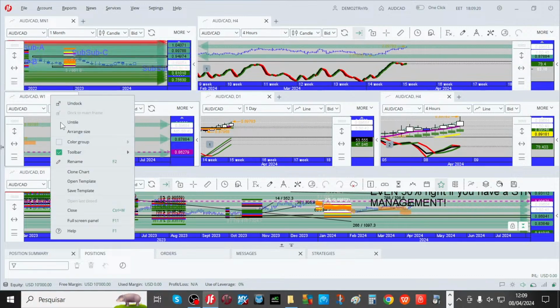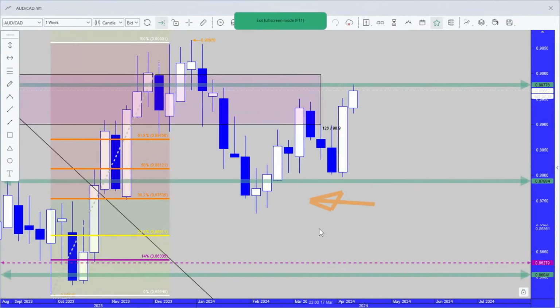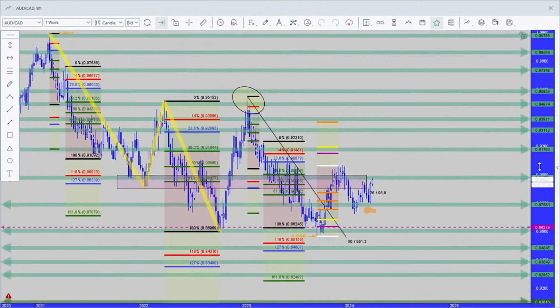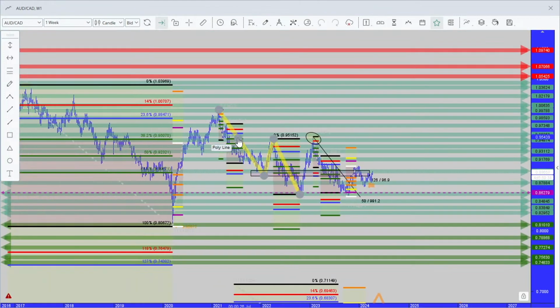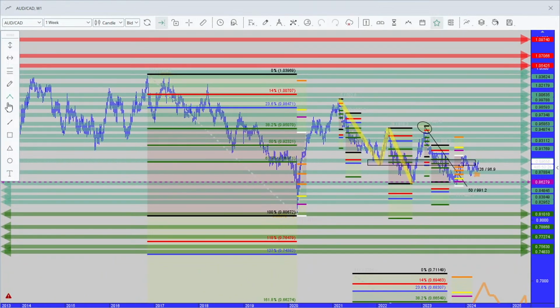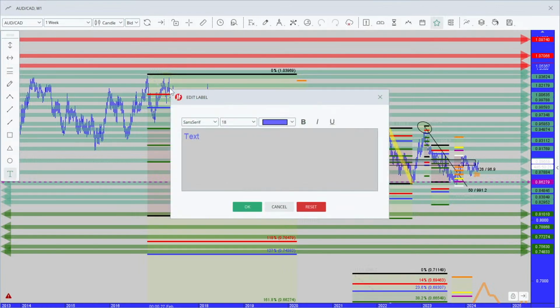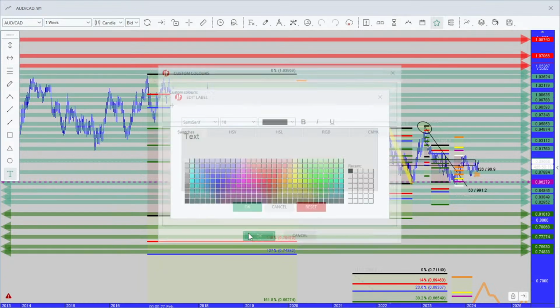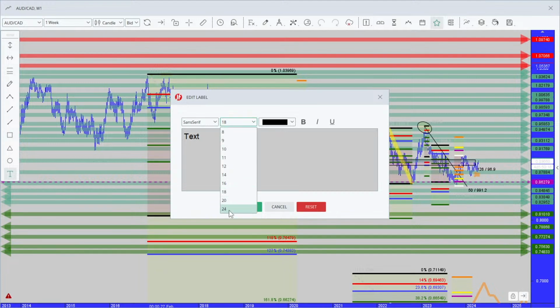Now, if I go on the AUD weekly chart and zoom out, I need to find the original one. How is the direction of the original Fibonacci on the AUD weekly chart? So I need to go back in here, go to black and 24.